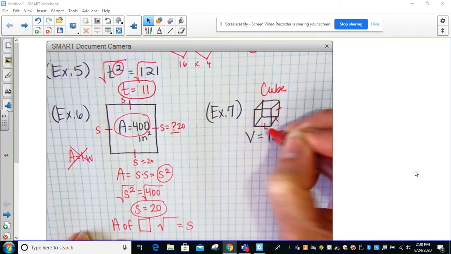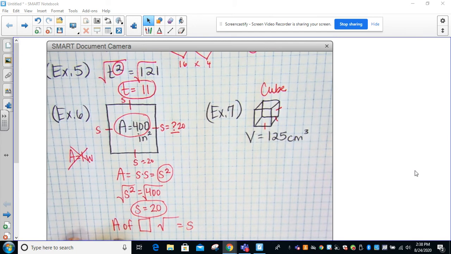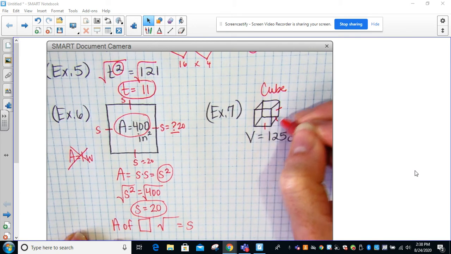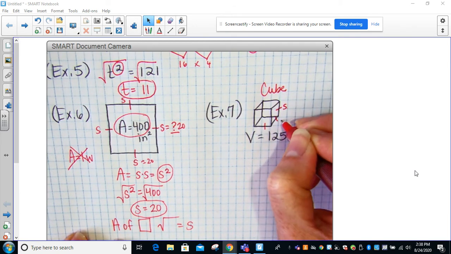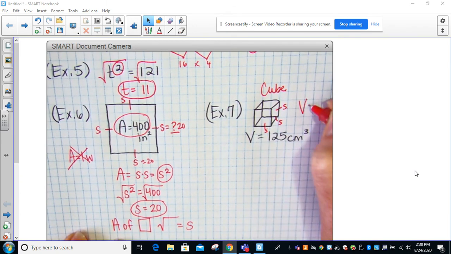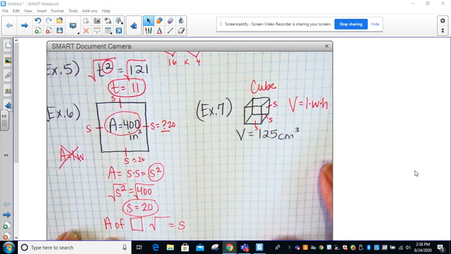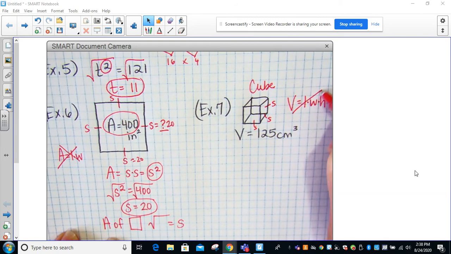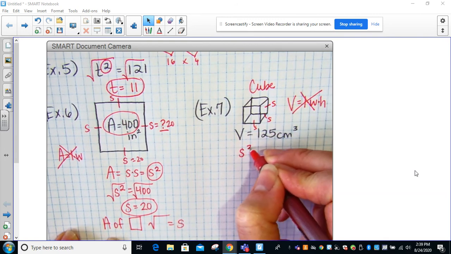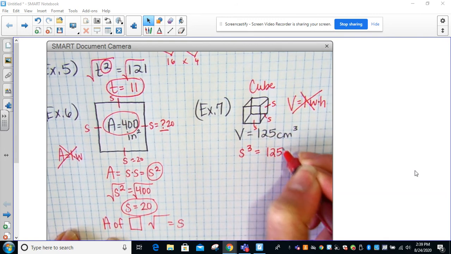So then over here we have a cube. So special about a cube is all the sides are the same there. So I'm giving you the volume. The volume would be this side times this side times this side. Again, we're going to get out of this length times width times height business since it's a cube. We're going to say side cubed is 125.